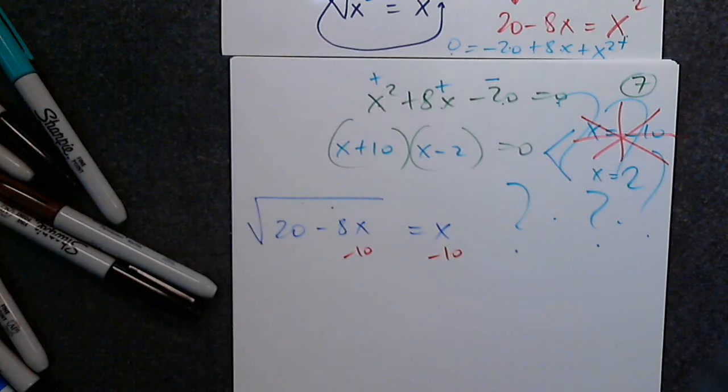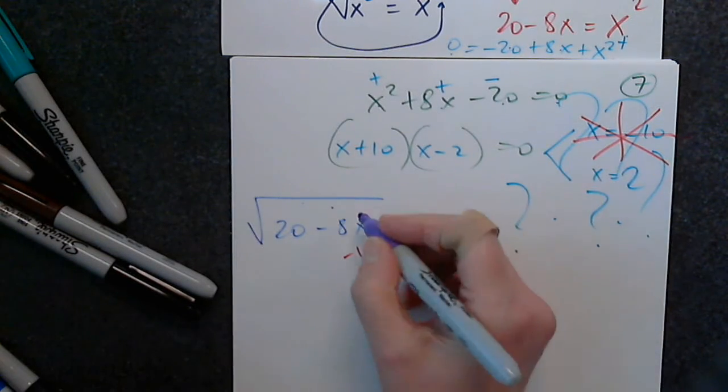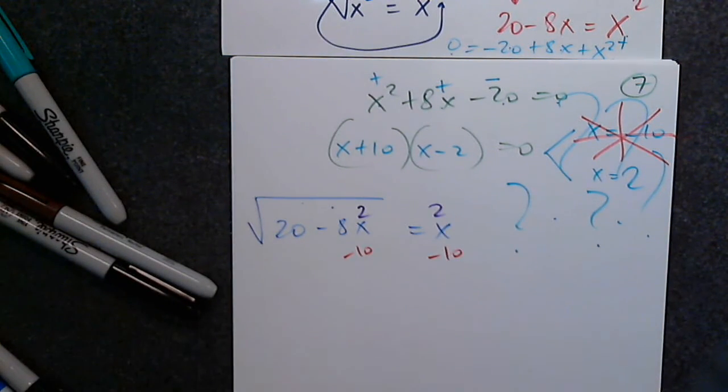Good. Now I'm trying 2. Negative 8 times 2 is negative 16. Very good. 20 minus 16 is 4. The square root of 4 is 2.